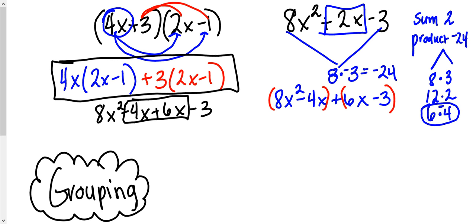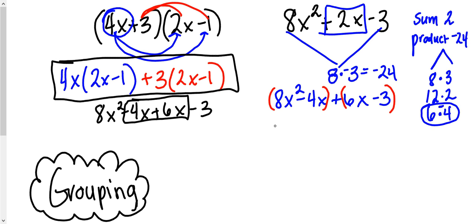We can group them into two binomials that are being added together. I've done nothing except add parentheses for the purpose of taking out a greatest common factor. I chose to put negative 4 here because that to me was an easier greatest common factor to take out between 8 and 4. And I chose to put 6 here because then I could take out a greatest common factor with 6 and negative 3. That was just a choice that I made.